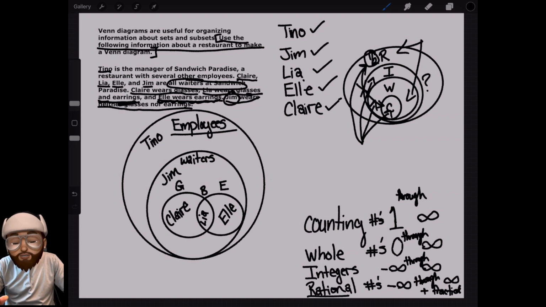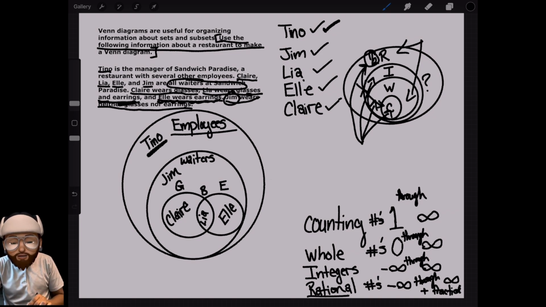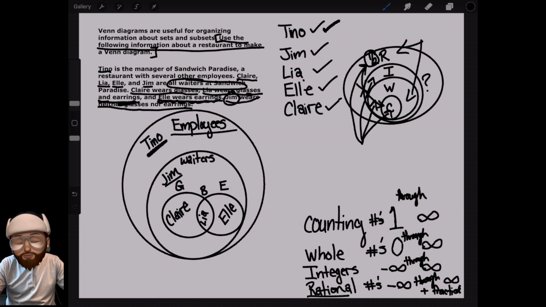Tino is the manager of Sandwich Paradise. We have Tino here as an employee. Check. Claire, Leah, Elle, and Jim, they're all waiters at Sandwich Paradise. They're represented under the waiter circle. And since Jim doesn't have glasses or earrings, that's where he is. So now we have Claire wears glasses only.